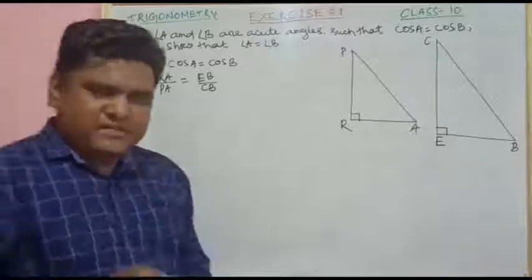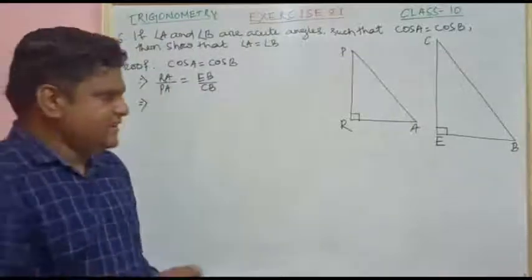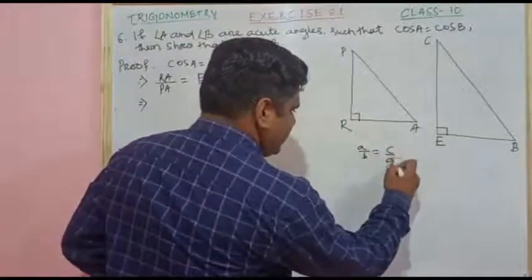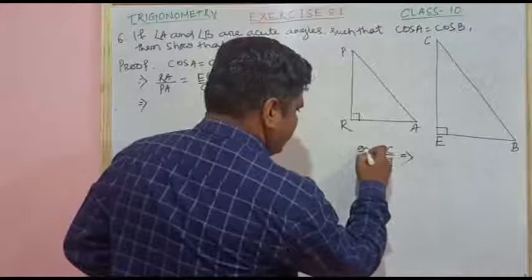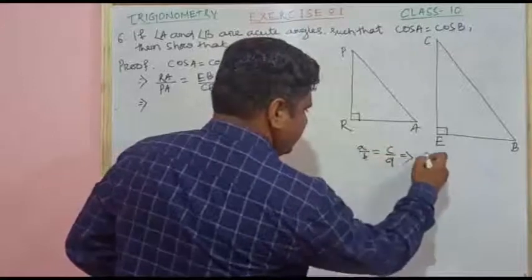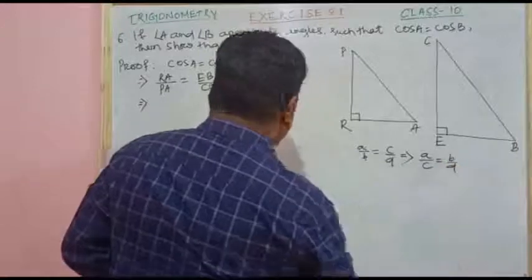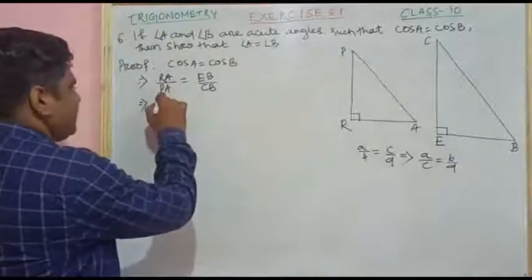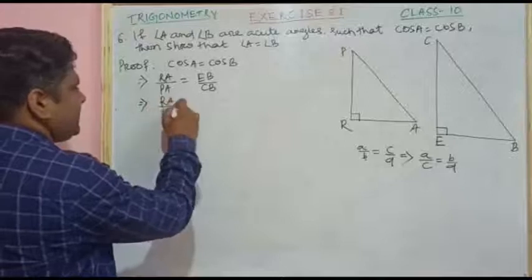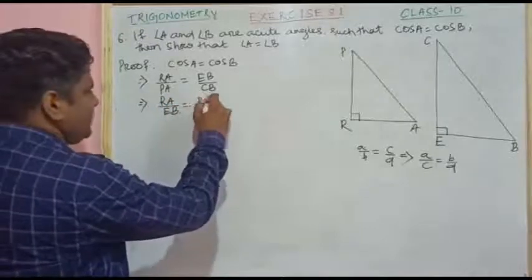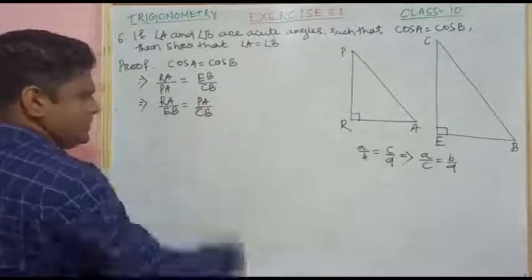Now we know that if A by B equals C by D, this implies that we can write A by C equals B by D. So we can write here RA by EB is equal to PA by CB.